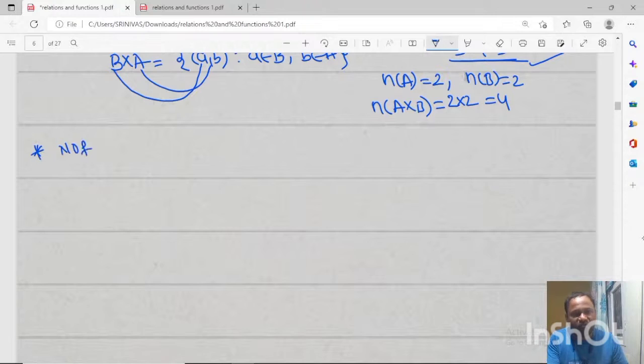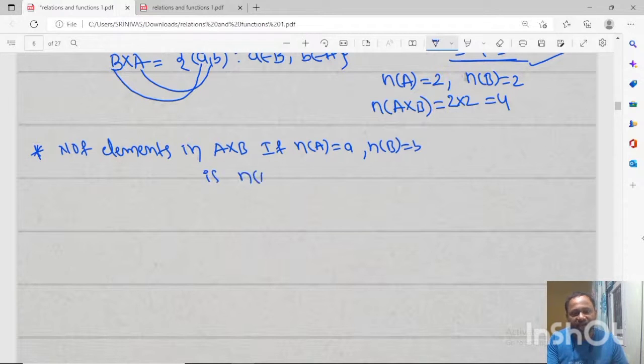The number of elements in A cross B, if N of A is equal to a and N of B is equal to b, is N of A cross B is equal to ab, first one into second one.